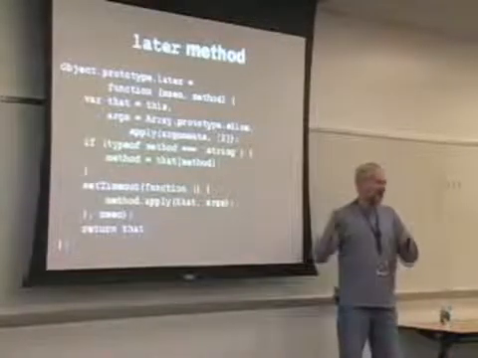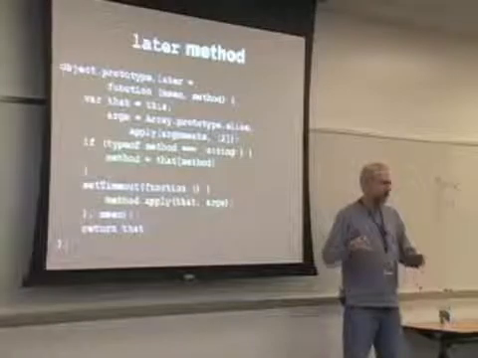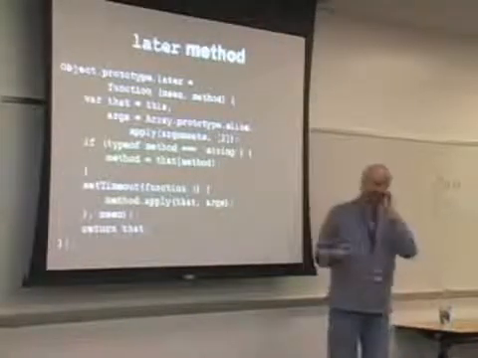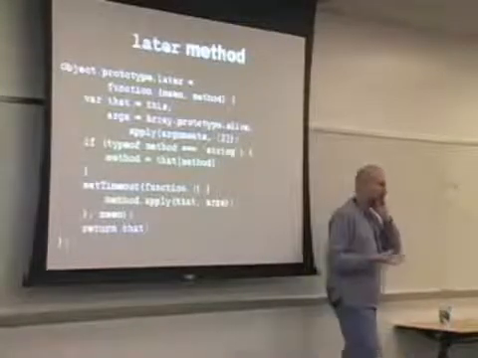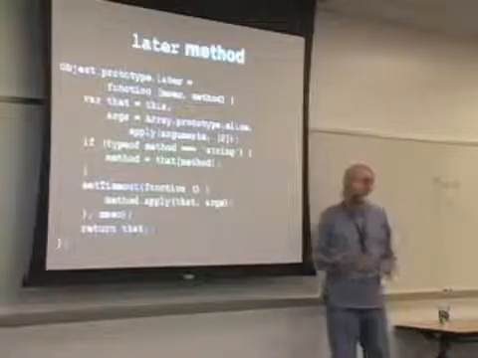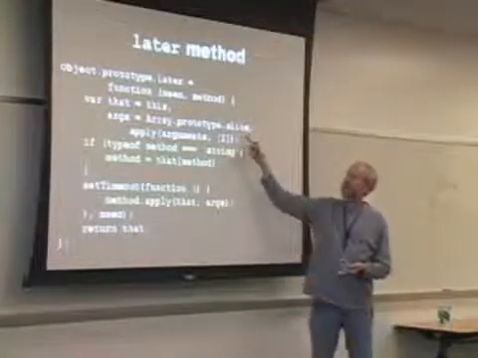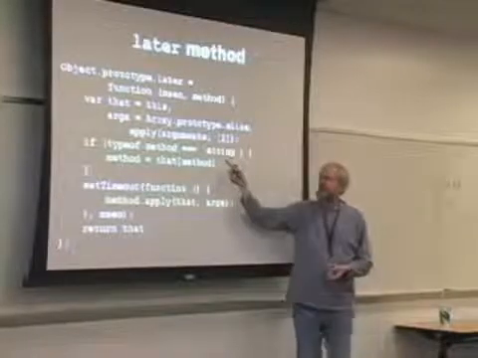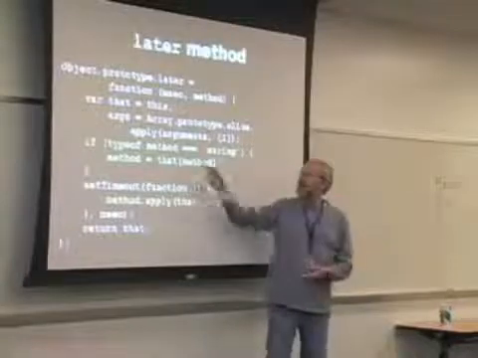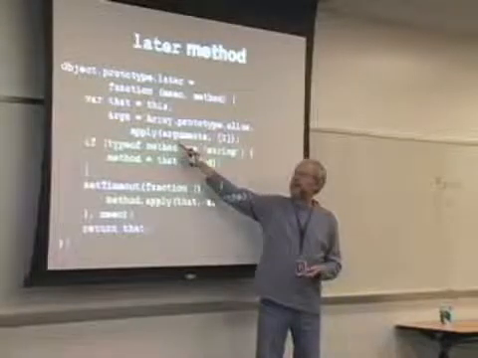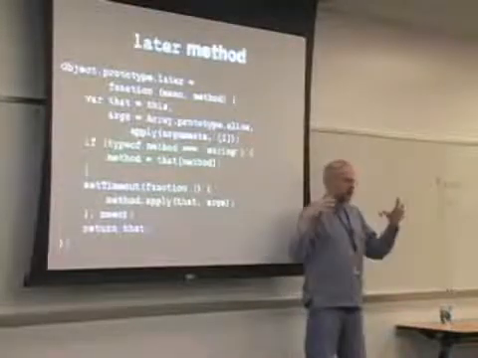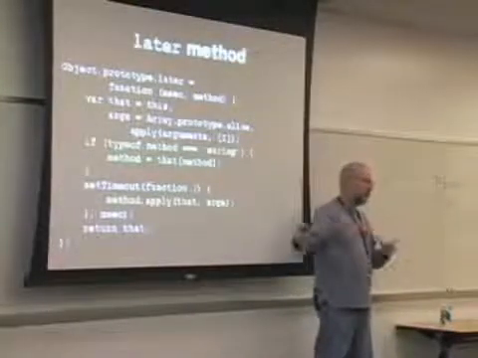I want to take the arguments array, chop off the first two items, and take the rest of it and use it because I need that. But what I can do is go to Array.prototype because it contains all of the methods that arrays have. I can get the method that I want, in this case the slice method, and then use the apply method on it to invoke it. I will invoke it by binding this to the arguments array and then passing it the number 2, which is the index at which I want it to start slicing.